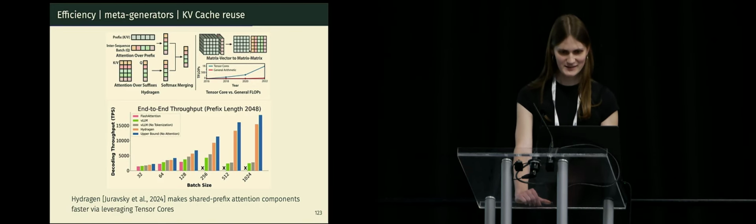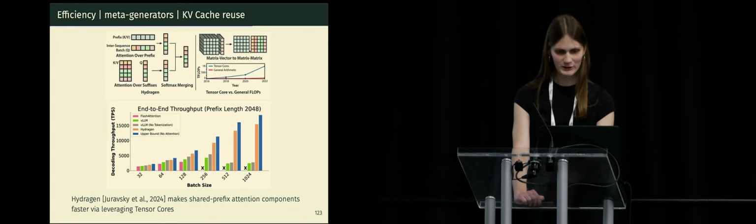However, optimizations like the previous one, which allow a bigger batch size by reducing GPU memory overhead, aren't all we can do. A paper called Hydragen from Jurafsky et al. improves the actual speed at which we can compute attention on these shared prefixes like system prompts by noting that not only can we store the KV cache for this shared prefix in memory a single time, but we can also only load it into the GPU processors a single time.